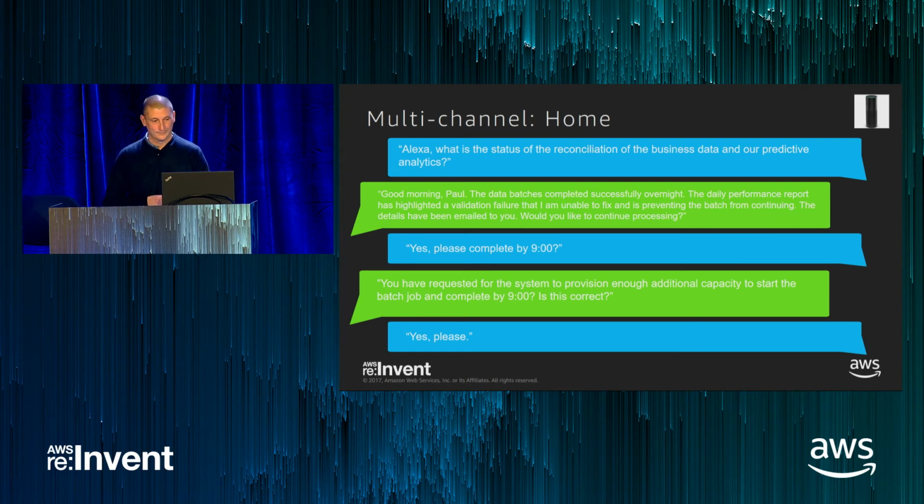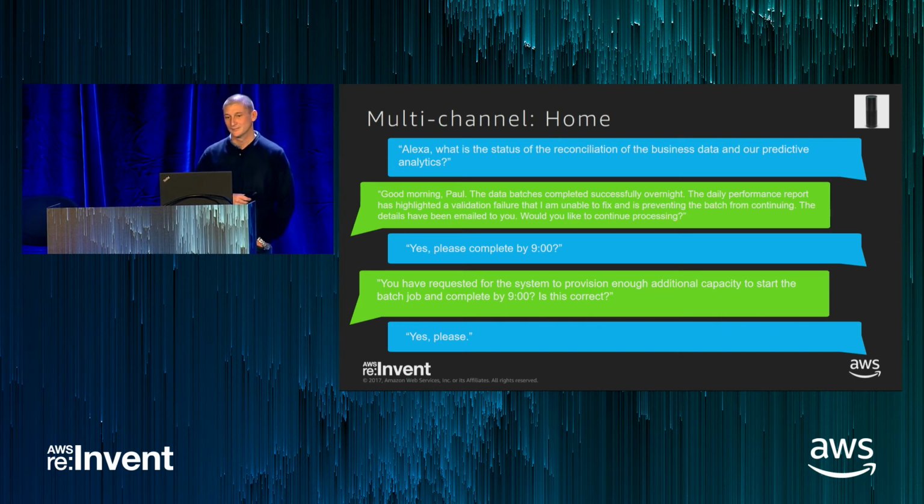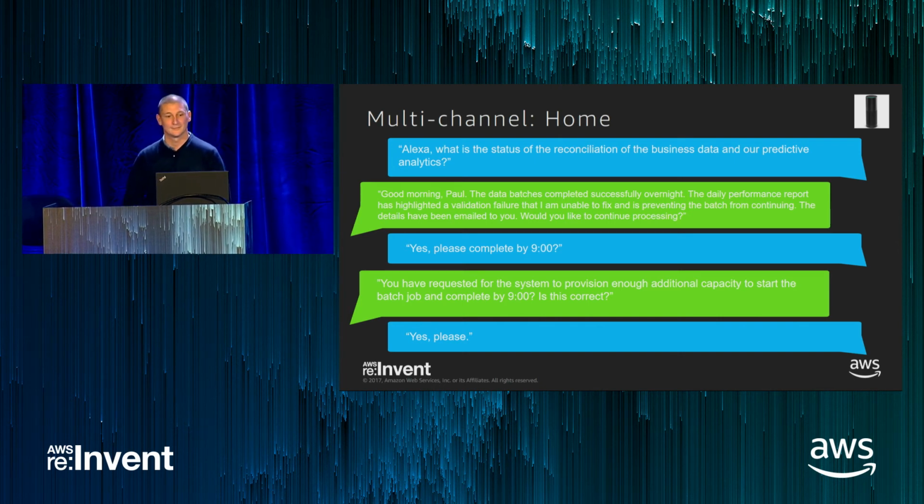Good morning, Paul. How can I help you? What is the status of the reconciliation of the business data and our predictive analytics? Good morning, Paul. The data batch is completed successfully overnight. The daily performance report has highlighted a validation failure that I am unable to fix and is preventing the batch from continuing.